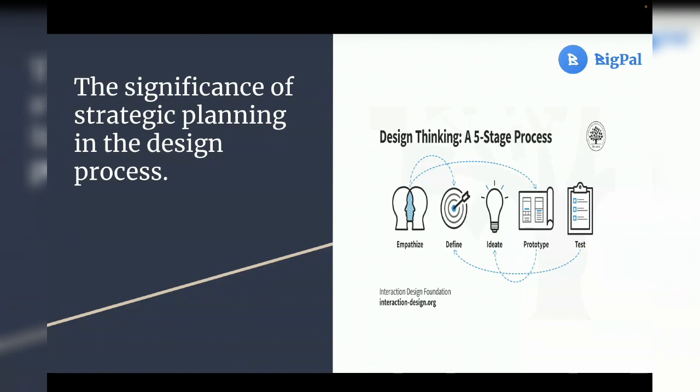Let me use a very relatable example. It's a bit like cooking. When you want to cook, you first gather ingredients. The ingredients, in this case as a designer, are your ideas. You mix them in the right way, which in the world of design is simply the design process.